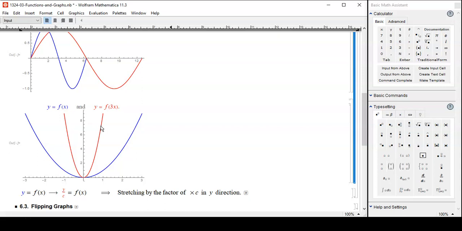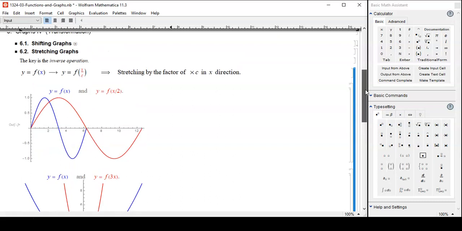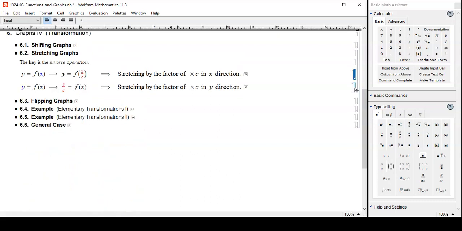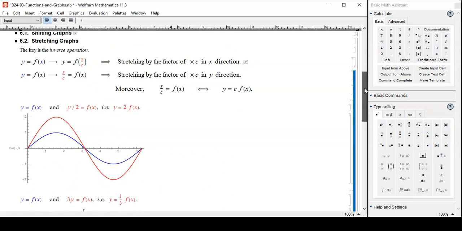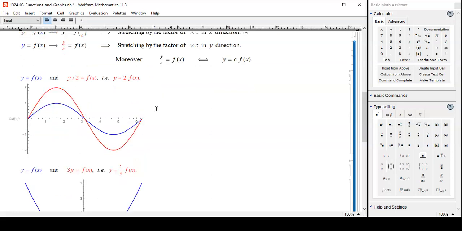Instead of reducing into 1/3, inverse operation, so multiply by 3. And then the same thing in y direction. Doubling, so stretching in vertical direction. So y divided by 2, you see, inverse operation. And then flip this 2 to the other side, we get this expression in the end.